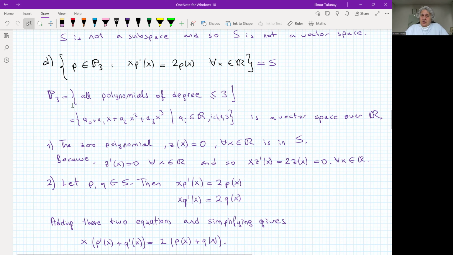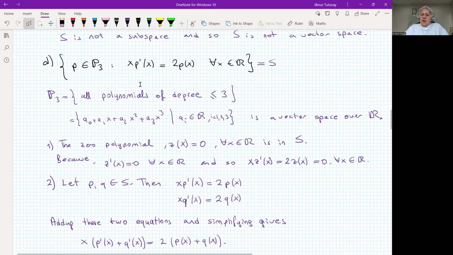So a0 plus a1x plus a2x squared plus a3x cubed, where the ai's are real numbers, and i is 0, 1, 2, 3. So these are the polynomials of degree 3 and less than 3. It could be a3 is 0, then you have a second-order polynomial and so on. So this is a vector space.